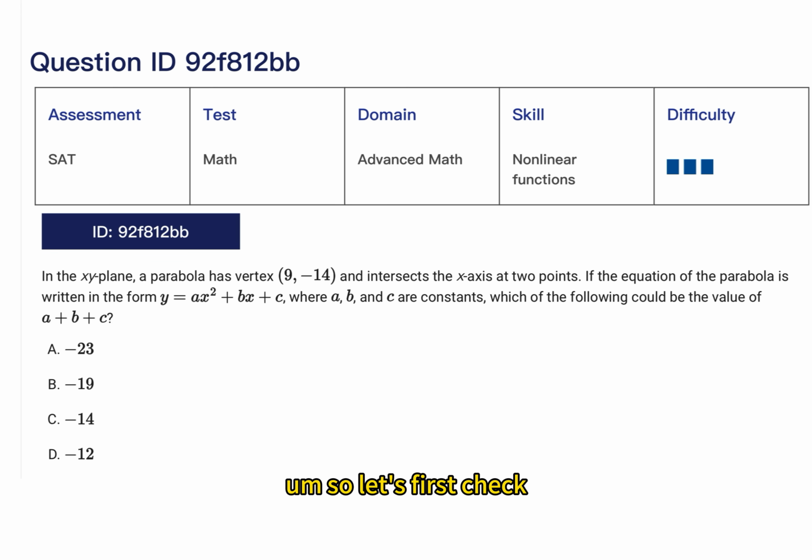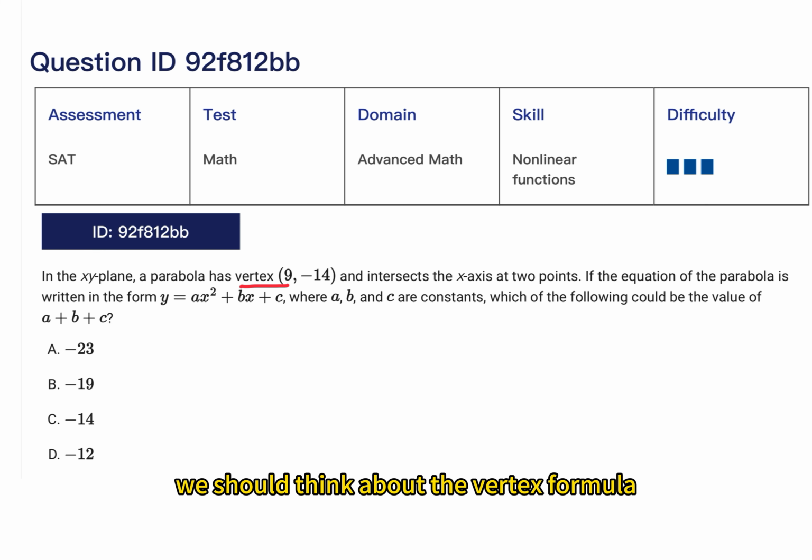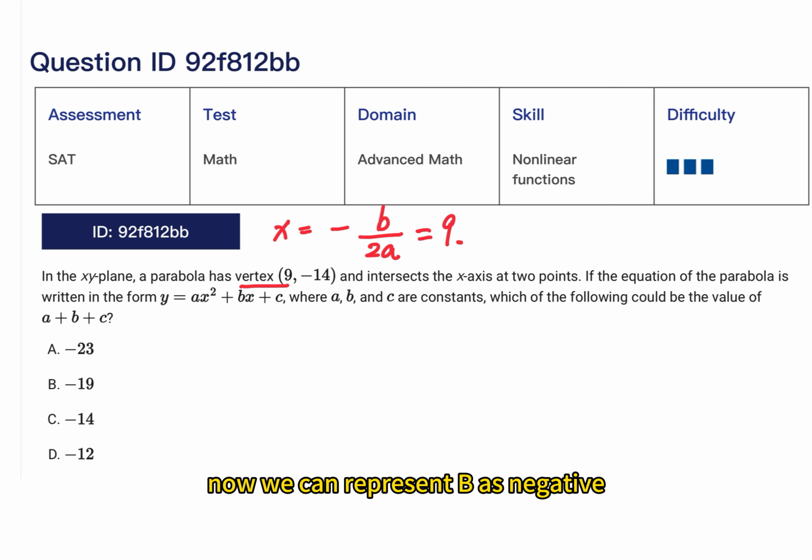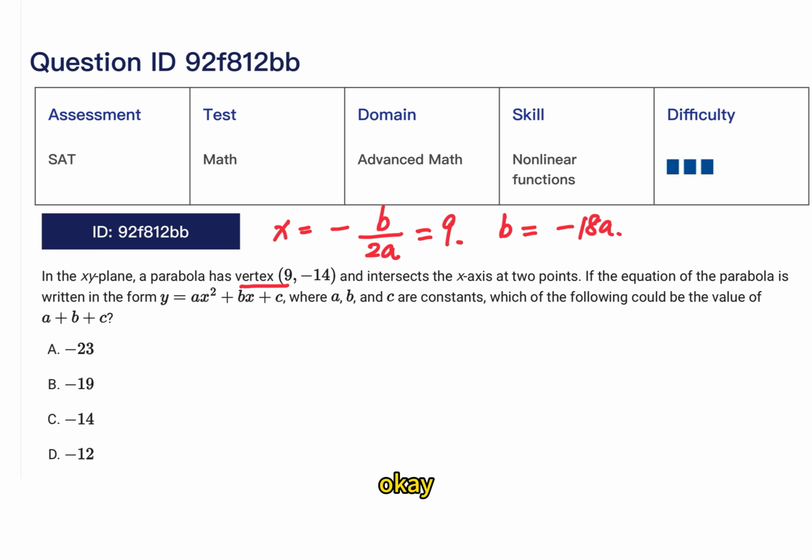Since we're given the vertex, we should think about the vertex formula, that is x = -b/(2a), which equals 9. Now we can represent b as -18a.